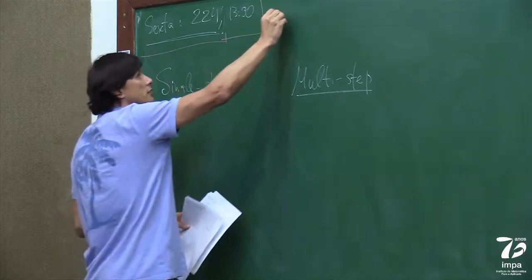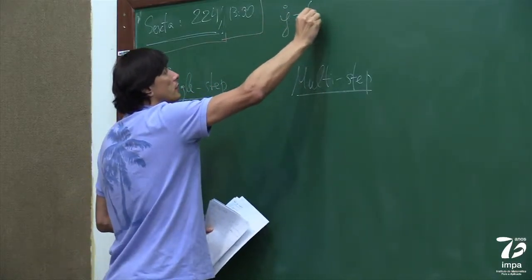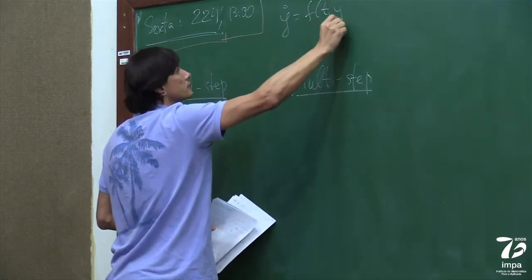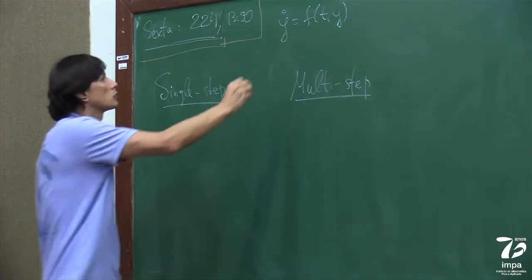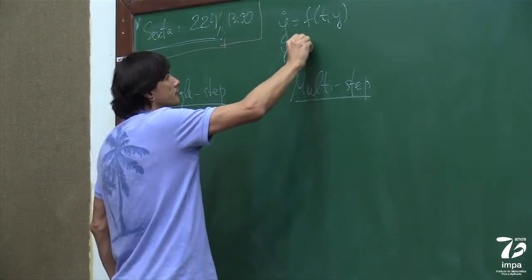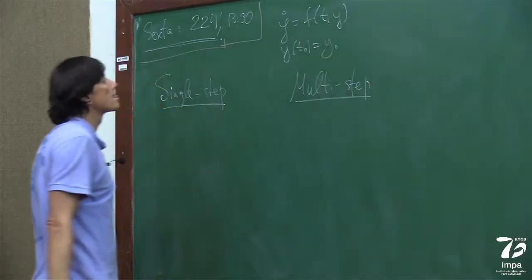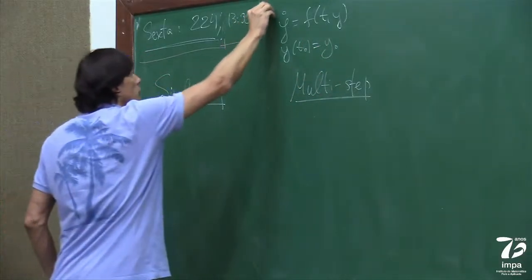In both cases we study the same equation: the derivative is a function of time and y, and we also have an initial condition. So how do we solve this initial value problem?